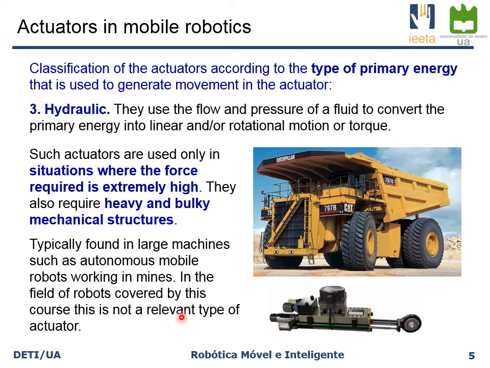On this image, you can see this monster truck, which is actually a robot that works in open mines in Australia, which means that they are not driven by a human pilot. They are completely autonomous and move around the mines on their own, and they only require a single person in the central room to verify that everything is going on.